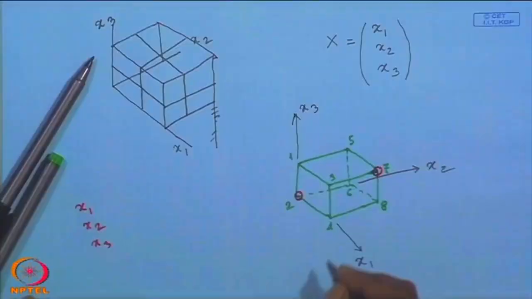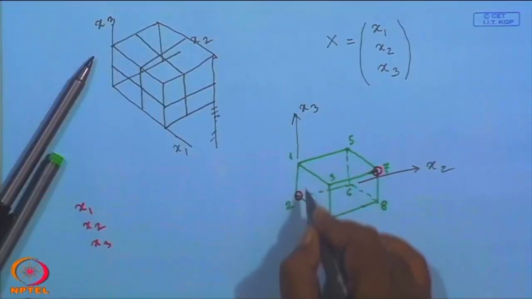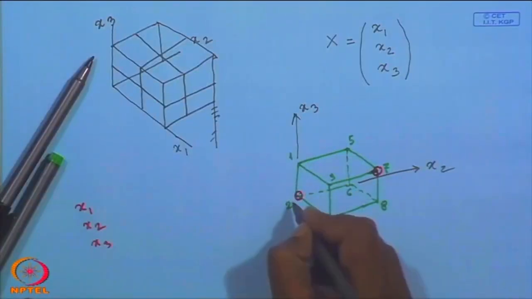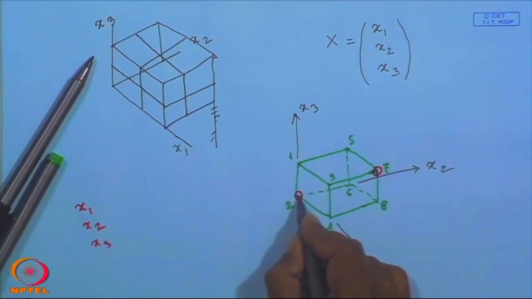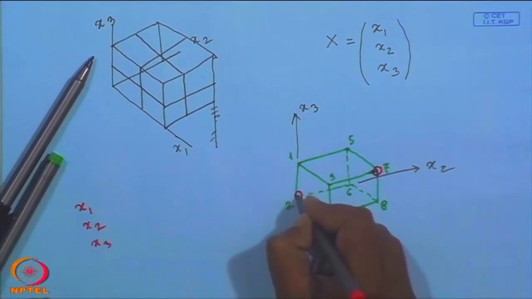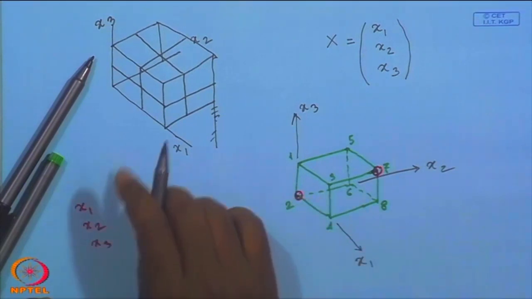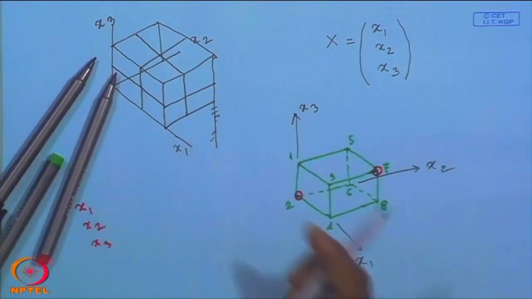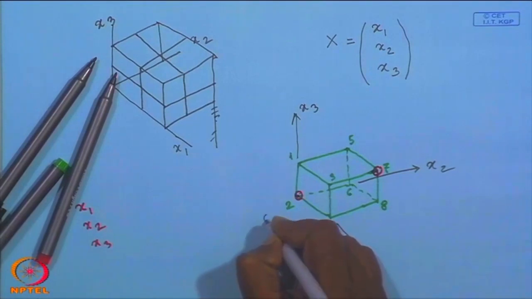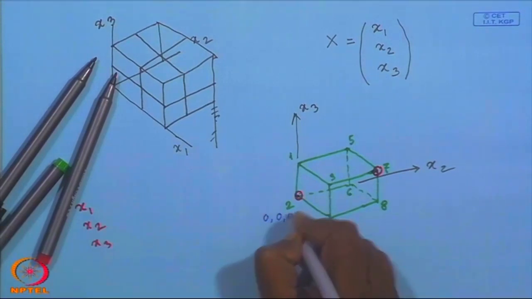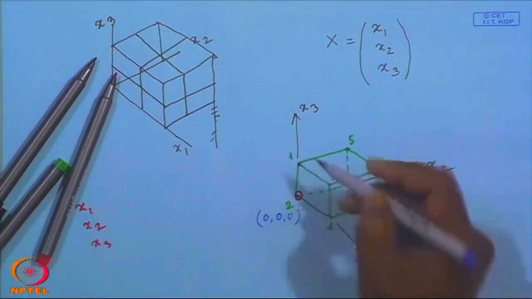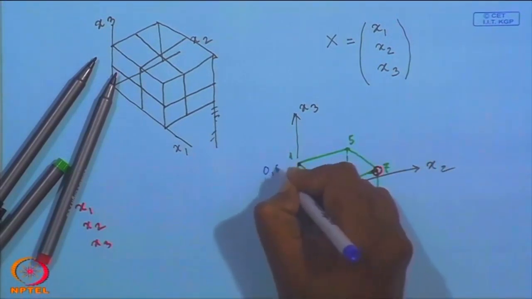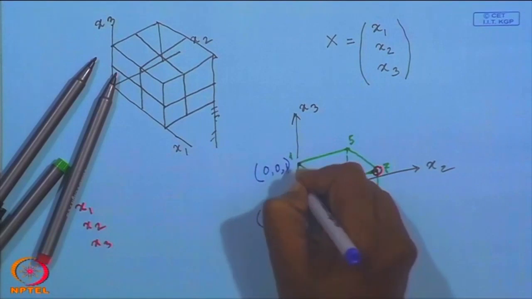To make it more clear, let us assume that this is a unit cube, and this vertex is at the origin. The coordinates of this vertex will be 0, 0, 0. Coordinates of this vertex will be 0, 0, 1.